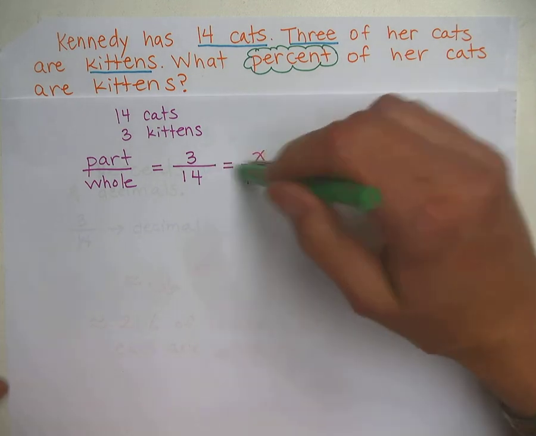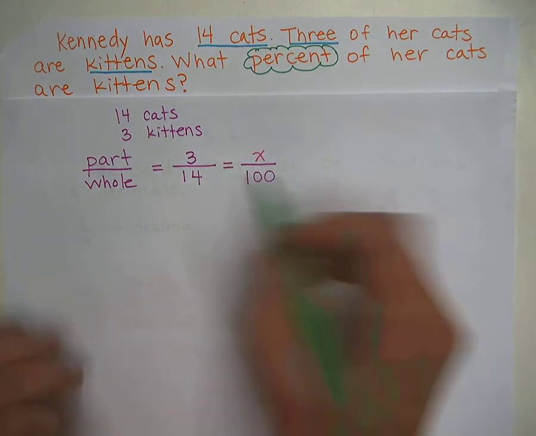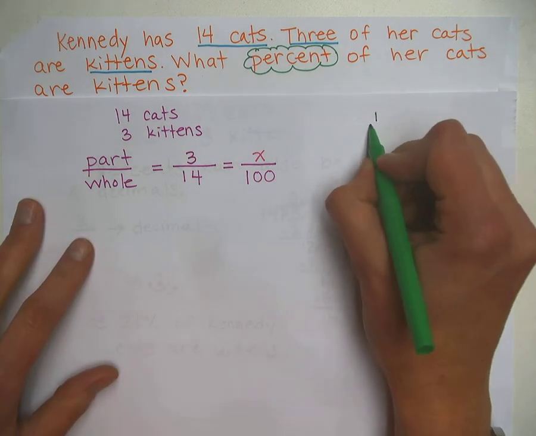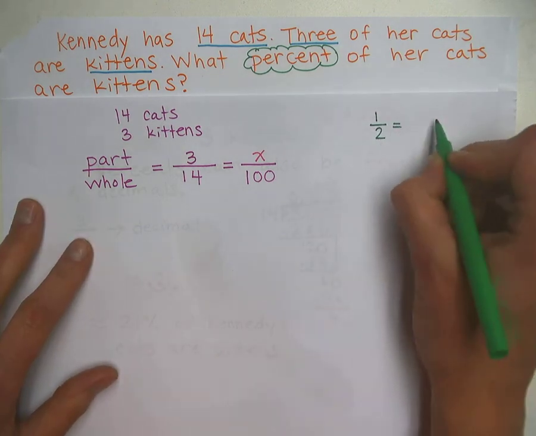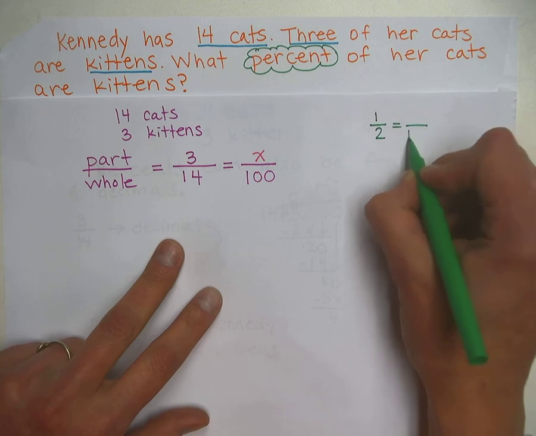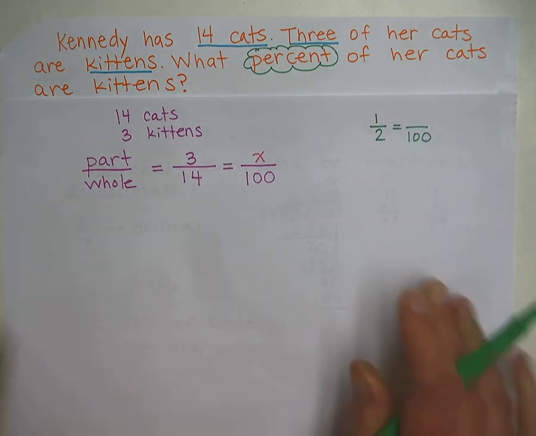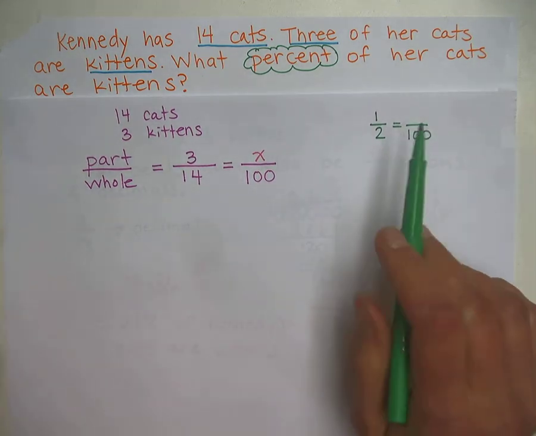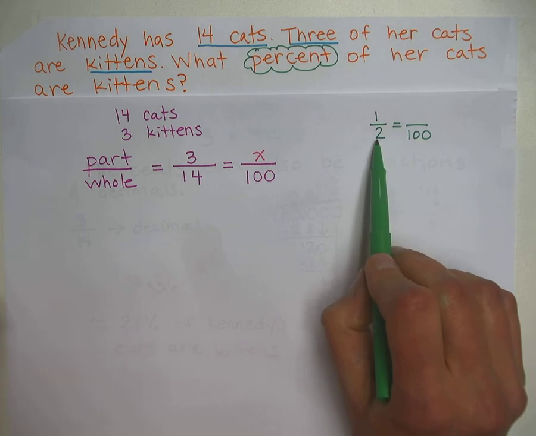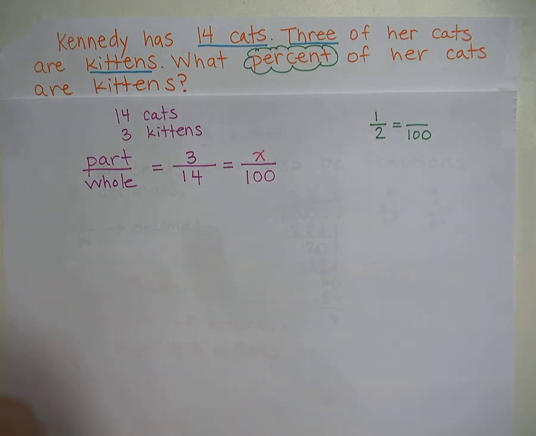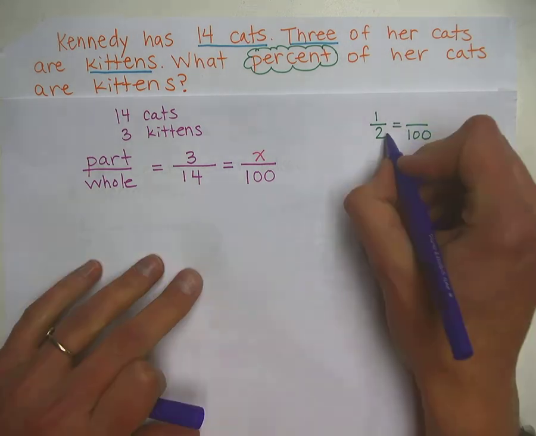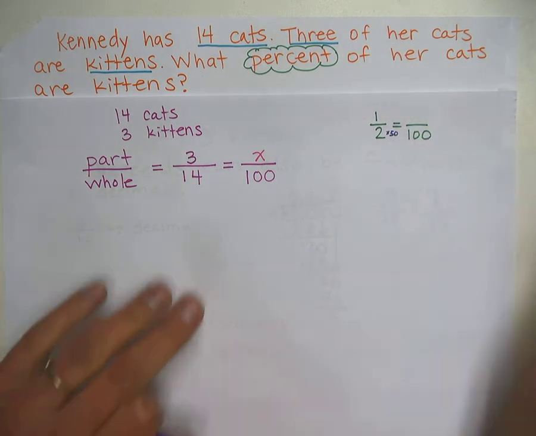Now you've seen this before. Let's do an example where you have 1/2 is equal to what number over 100? And you can say, oh, well, I know that 2 times 50 equals 100.